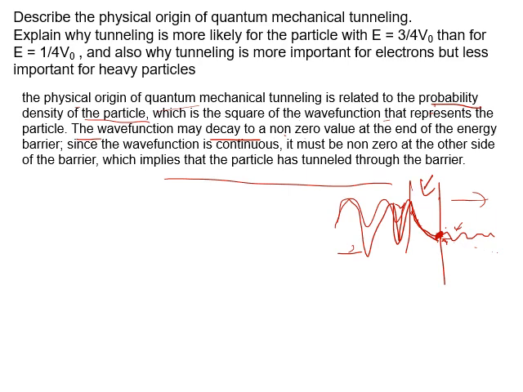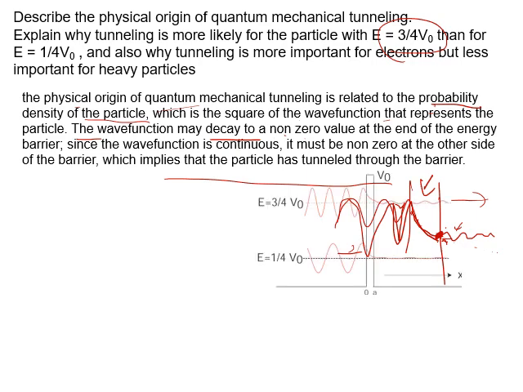Okay. So next, explain why tunneling is more likely for the particle with 3/4 V0, where V0 is a potential energy, than 1/4 V0. In other words, why is a particle with higher energy more likely to tunnel than the lower energy wave function? Okay, so here is a drawing, and let me erase that one.